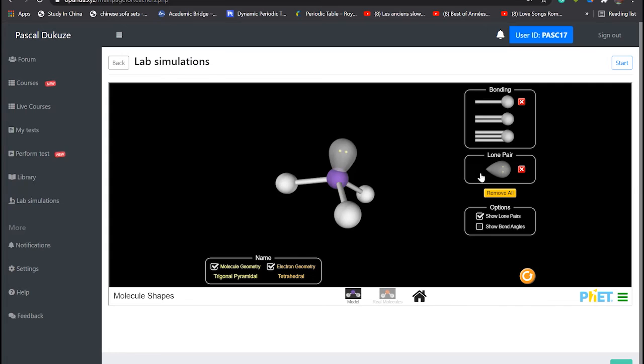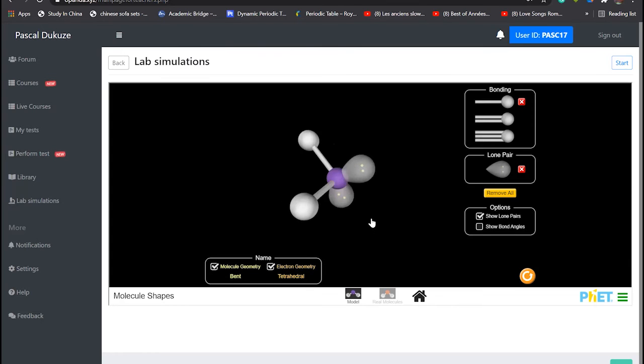What happens when we replace the second bonding pair with another lone pair? You can see the electron geometry still doesn't change. Why is it like this? It's because we have 4 electron domains.